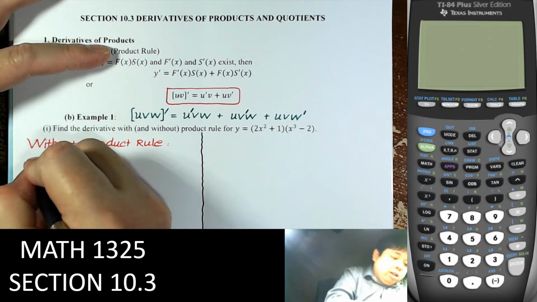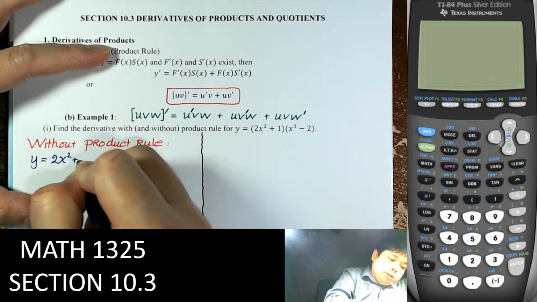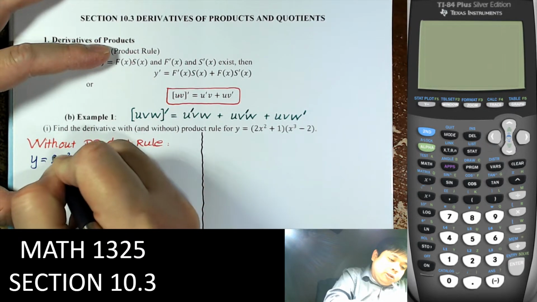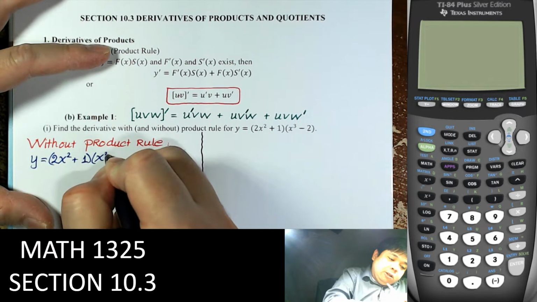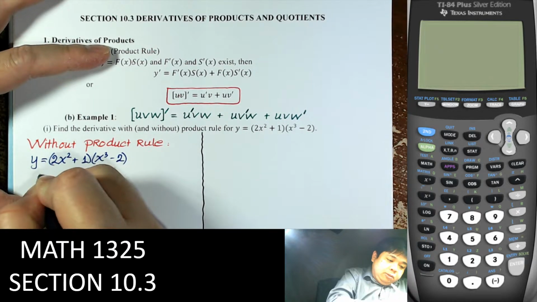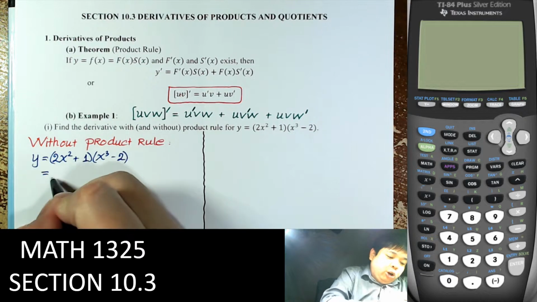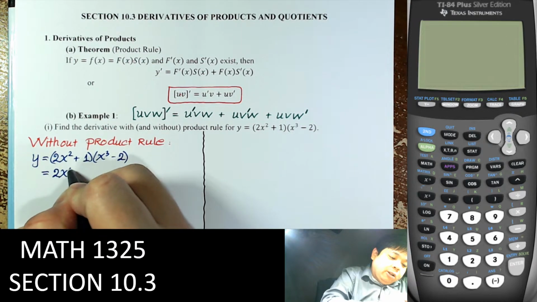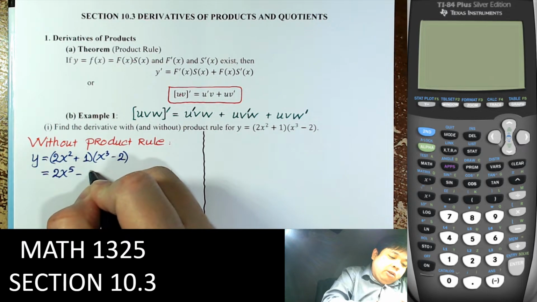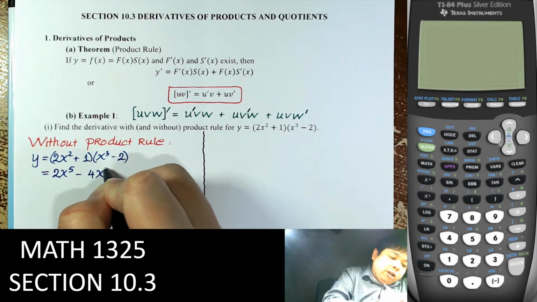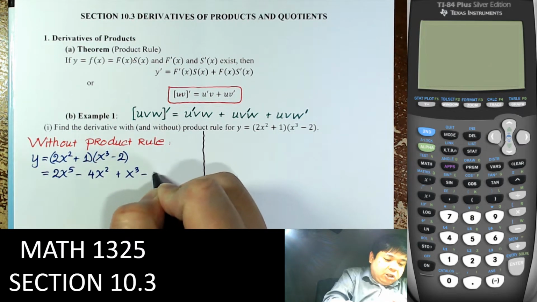I will write the function. Multiplying out, 2x squared times x cubed is 2x to the fifth, 2x squared times minus 2 will be minus 4x squared, plus x cubed minus 2.